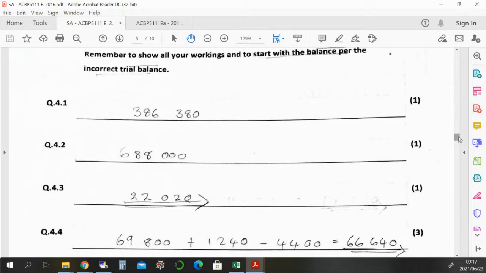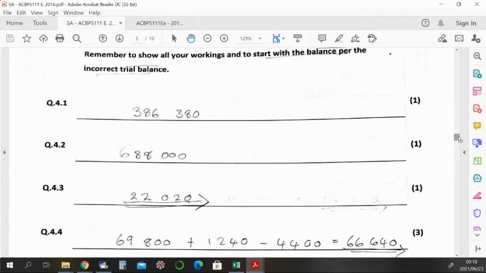So what I do, to answer this, is I first fill out this stuff here, according to the adjustments. And then I begin to fill in the answers over here. Does that make sense? Just to make your life easy. So that's how we're going to handle things here. Then the next transaction, the second one, says an amount of 1,000 excluding VAT for advertising was inadvertently debited to discount received.